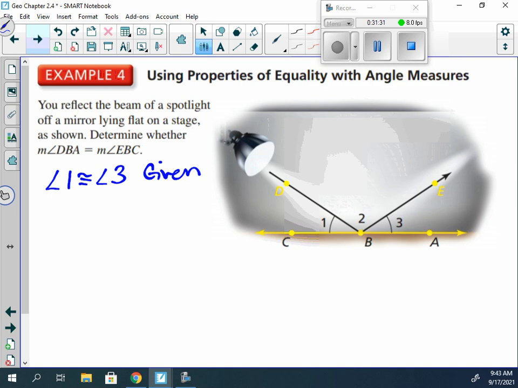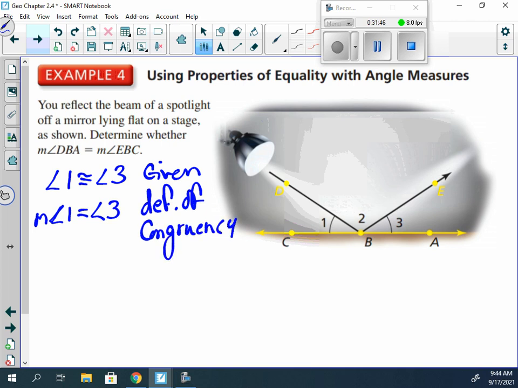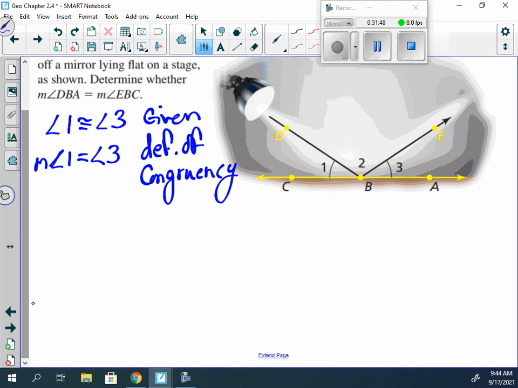So really, we can say the measure of angle 1 is equal to the measure of angle 3. And this is considered the definition of congruency. If two things are congruent, it means their measures are the same.